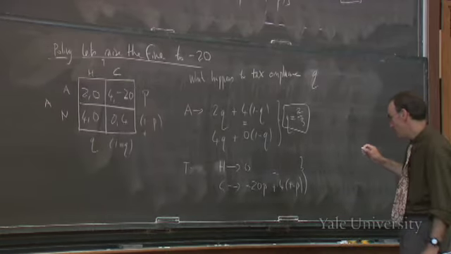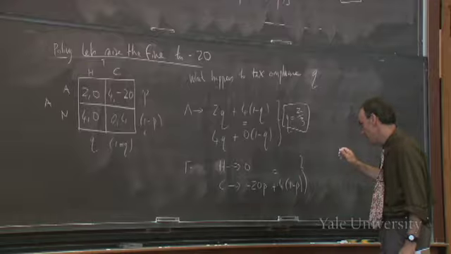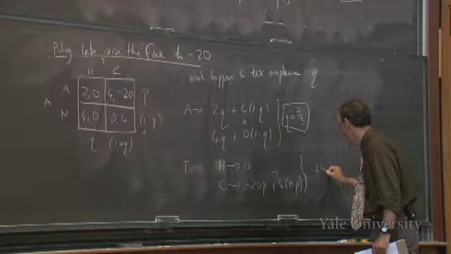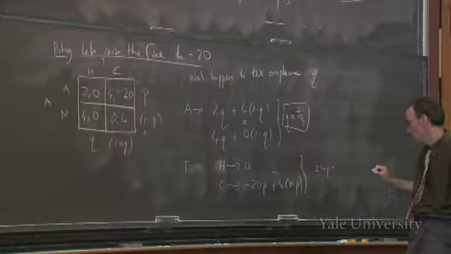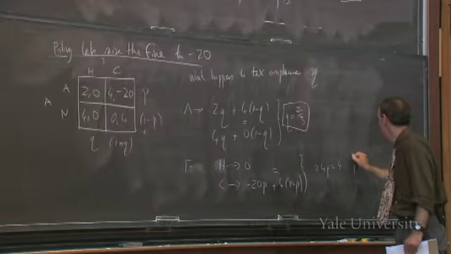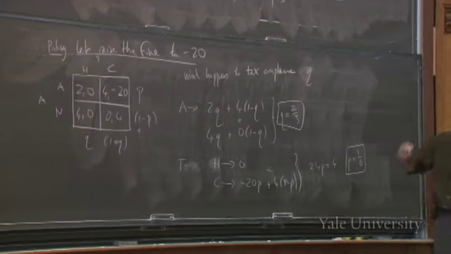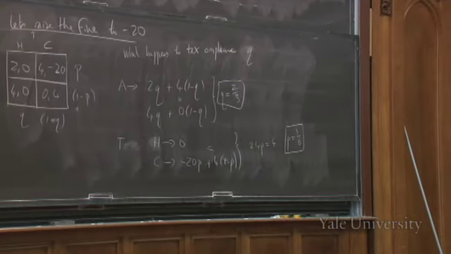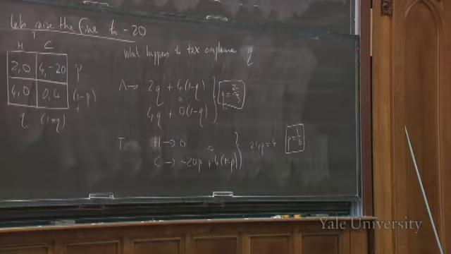And being more careful than I was last time, I hope, this gives me 24P is equal to 4, or P equals a sixth. All right, so the audit rate has gone down from 2/7 to 1/6.